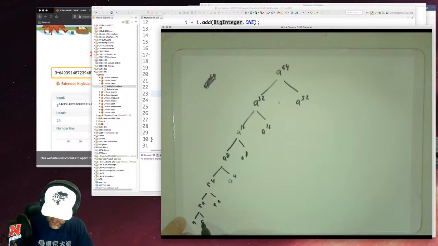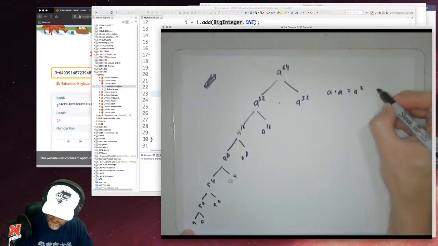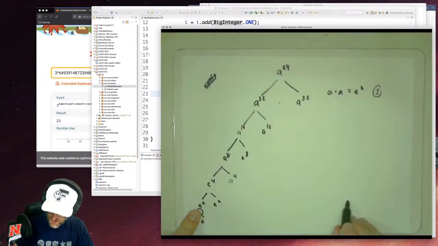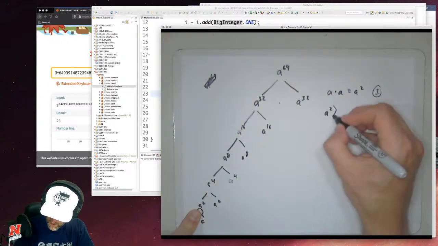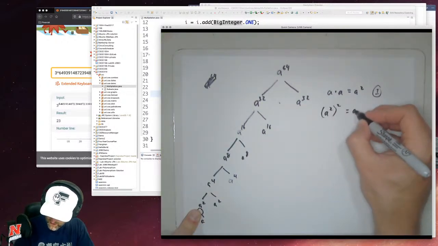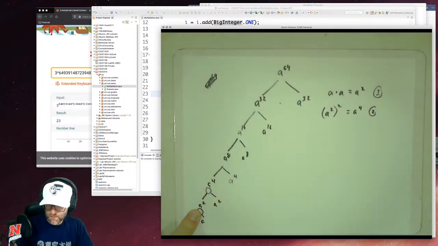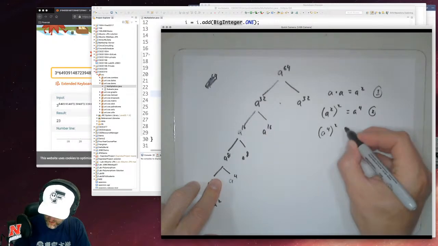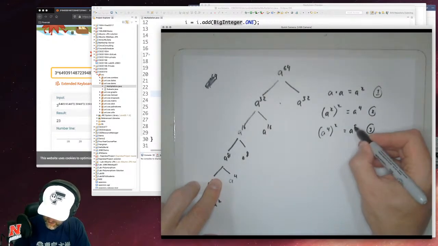If I take a times a, that's a squared. That's one multiplication, right here. Now I've got a squared. I don't need to compute all of those other a squares here. All I need to do is go a squared squared to give me a to the 4th. That's 2 multiplications. Continue doing that. A to the 4th squared is another multiplication, a to the 8th.